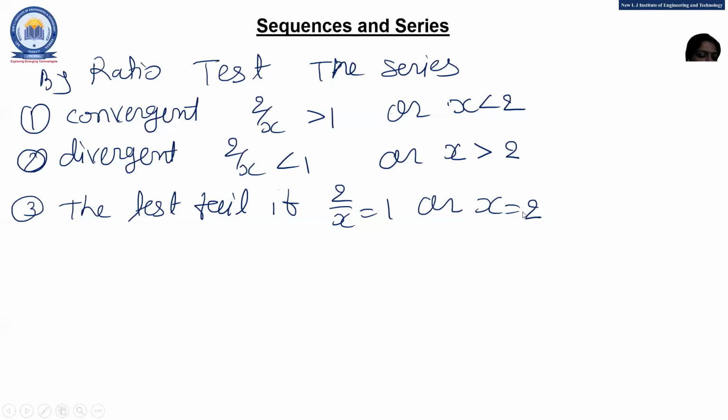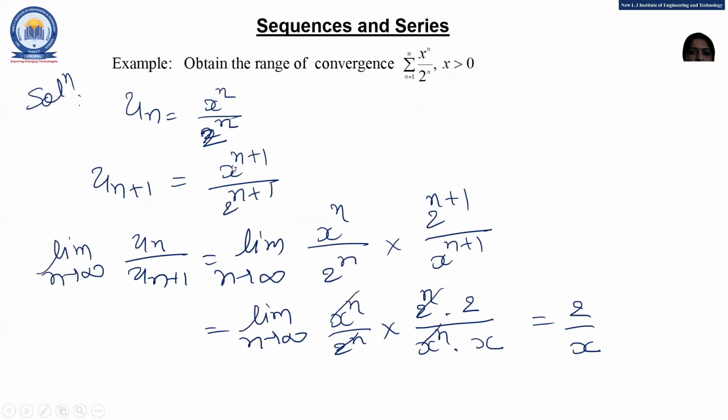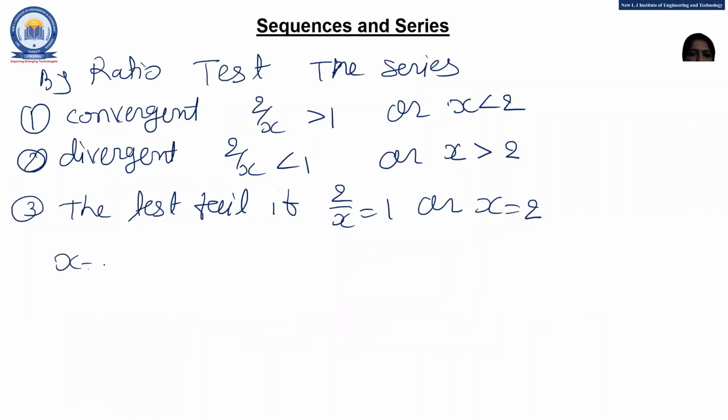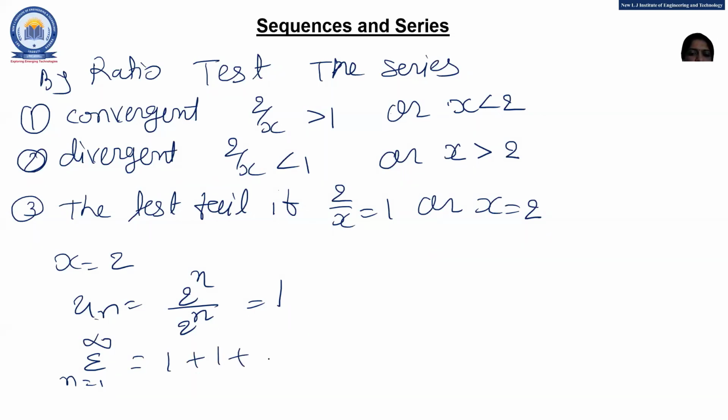So we have to check for x equal to 2. So let's start. If I put x equal to 2, what is my un? For x equal to 2, un is 2 raised to n upon 2 raised to n, which is 1, right? So the series summation n from 1 to infinity of un is 1 plus 1 plus 1 up to infinity.